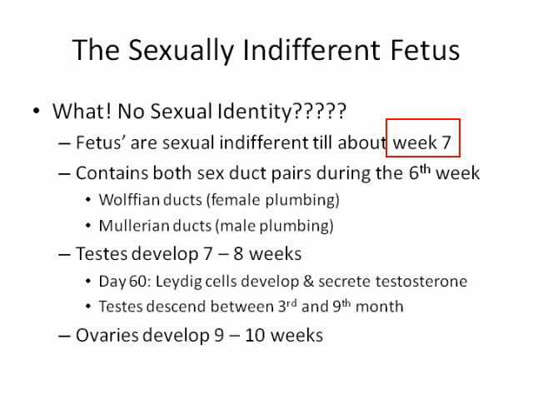They're both there. For the females, we refer to that as the Wolffian ducts. For the males, we refer to that as the Mullerian duct.